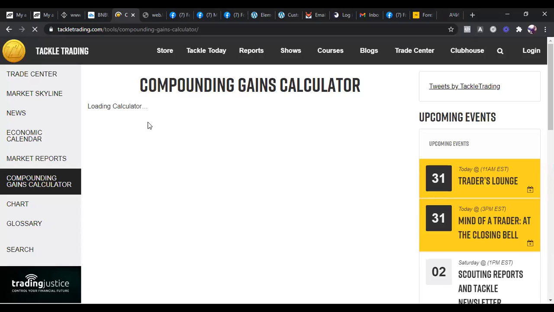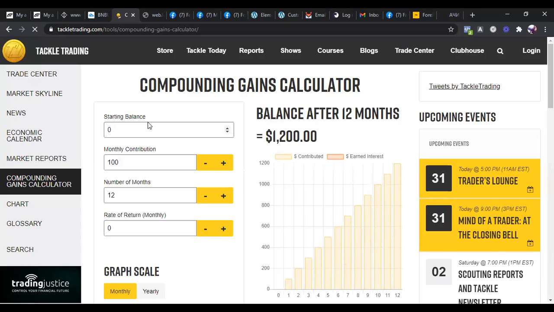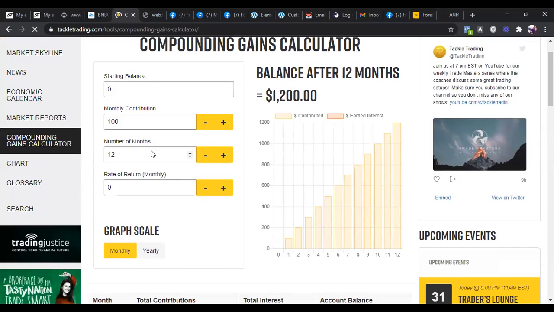Okay, this is a site, tackletrading.com, and I want to show you guys one of the 9 wonders. This is one of the wonders of the world. The great minds know that this is numbers of months, and this is starting balance.